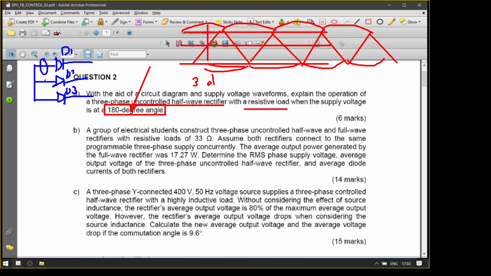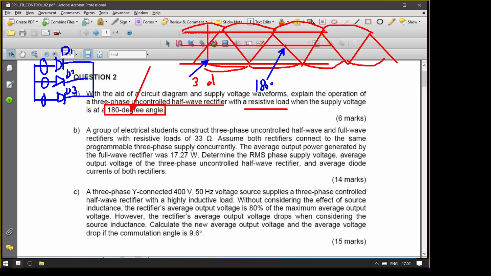Yeah, sorry, it's a supply voltage, right? So you need to explain the circuit. At 180 degrees, this is 0 angle. Where is 180? That will be the 180 degree. So you need to explain which diode is on during this time.